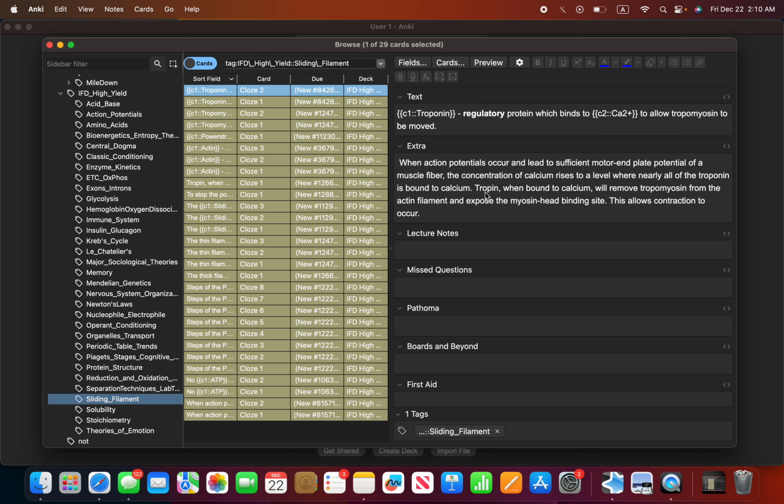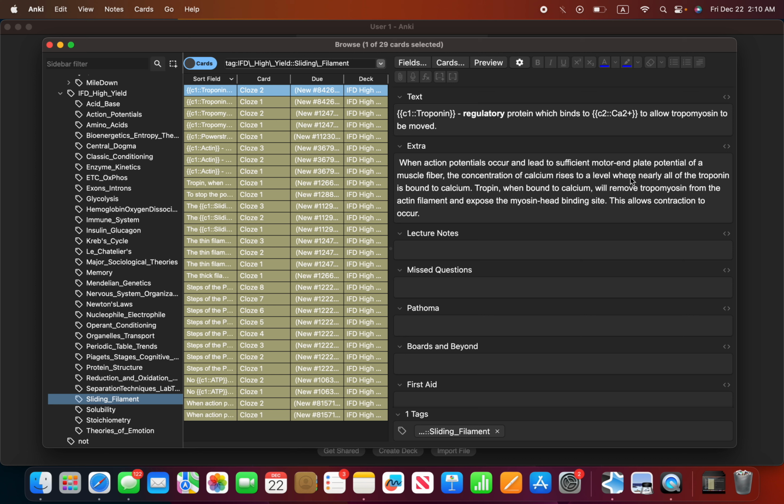So there's tropomyosin and there's troponin, and we need to know that when the action potential occurs, so you want to move a muscle, right? The action potential reaches the motor end plate of a muscle fiber, from the nerve.